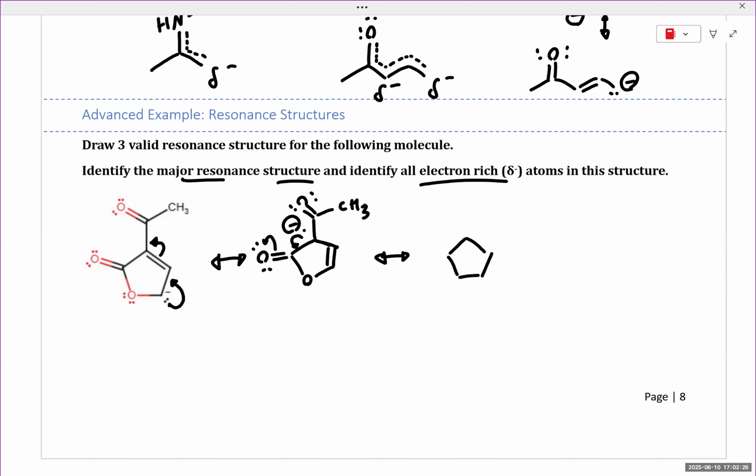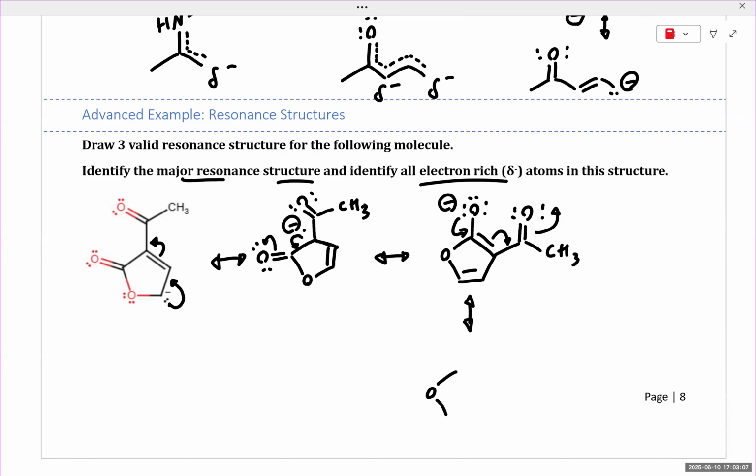I'm going to draw this structure upright just because it's a little faster for me to draw it that way. From here, we can take our lone pair and kick it down across the pi system to generate a new pi bond and a new lone pair.